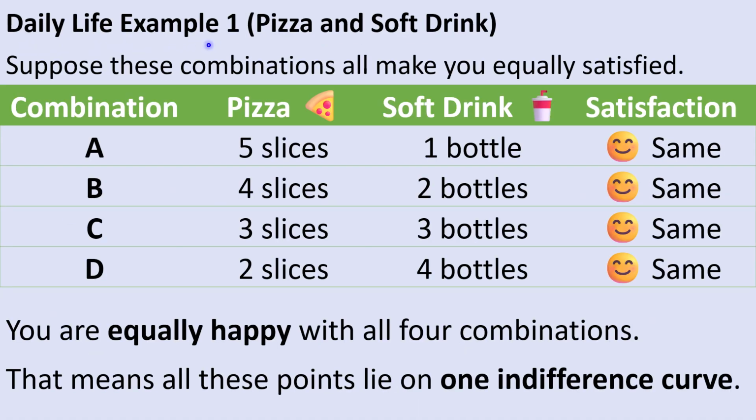Daily life example: pizza and soft drink. Suppose these combinations all make you equally satisfied. You are equally happy with all four combinations. That means all these points lie on one indifference curve.